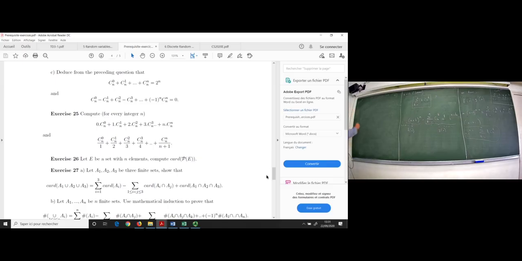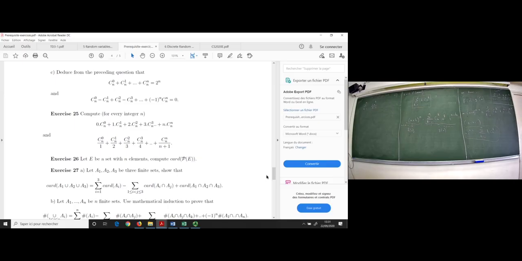What I am interested in is the sum from k equals 0 to n of c and k over k plus 1. Okay, it's exactly what I have written here, expressed using this sum.